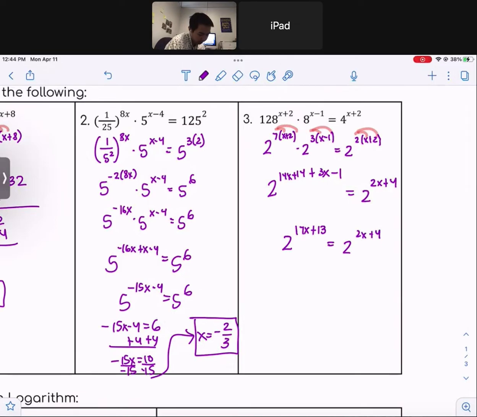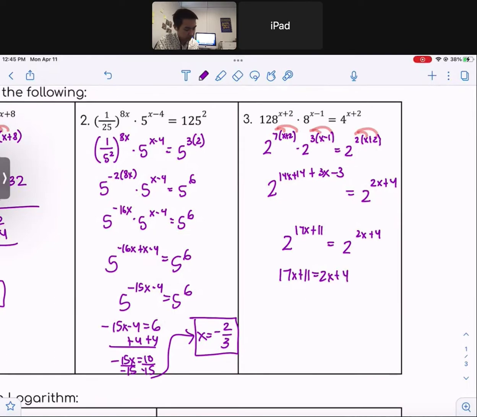And I feel like... oh, sorry. This 3 times negative 1 should have been negative 3, which means this should have been 17x plus 11. Yeah, so we have that, and then we combined it, and when we set the exponents equal to each other, we get this, right?